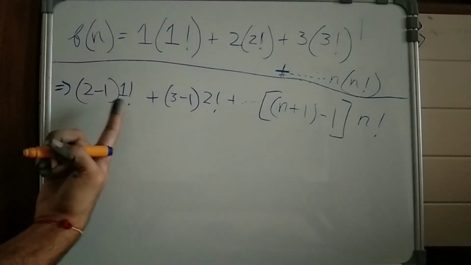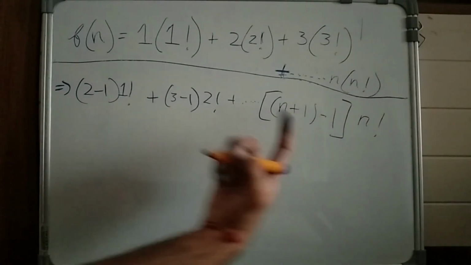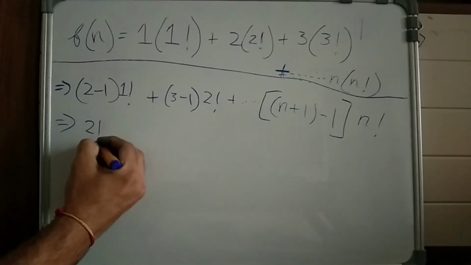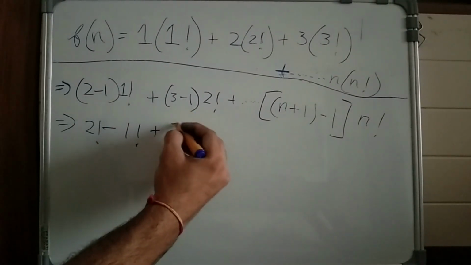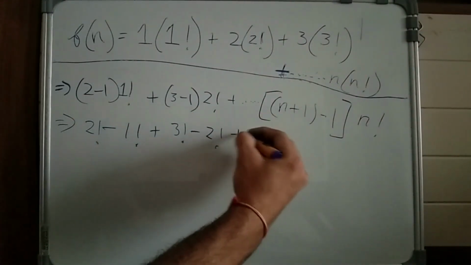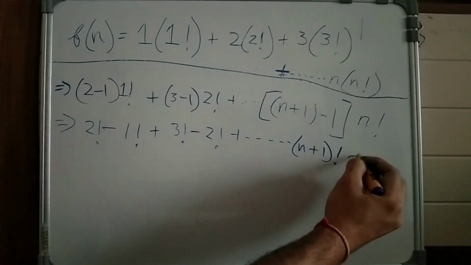Okay, now I have to just multiply 1 factorial in this bracket, 2 factorial over here, and n factorial over here. What will I get? I will get 2 factorial minus 1 factorial plus 3 factorial minus 2 factorial. Okay, all the way up to n plus 1 factorial minus n factorial.